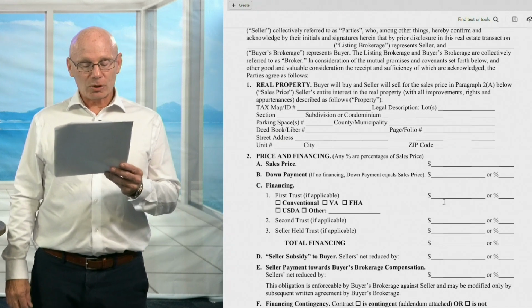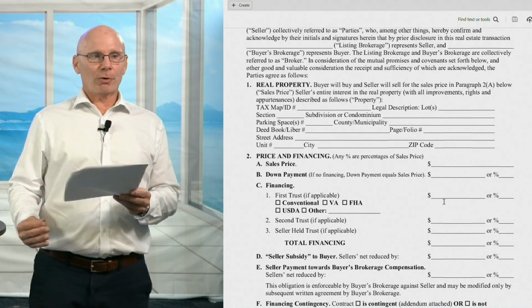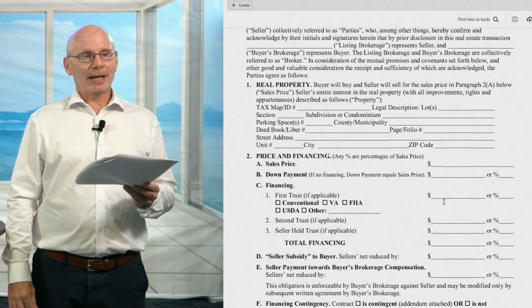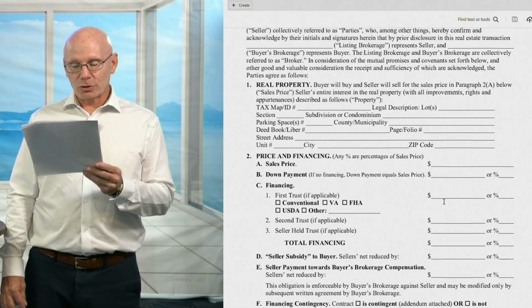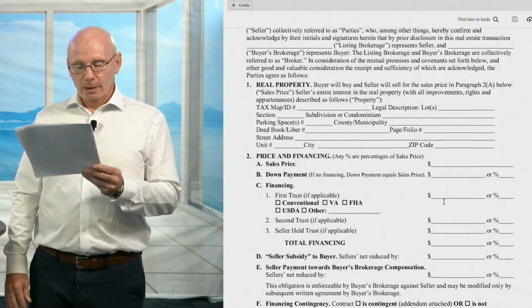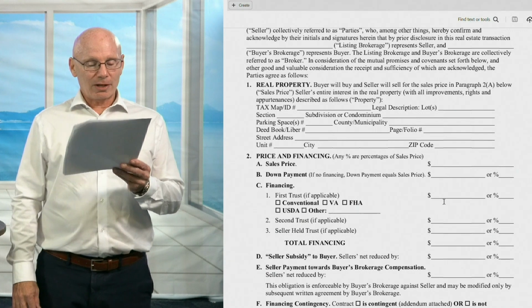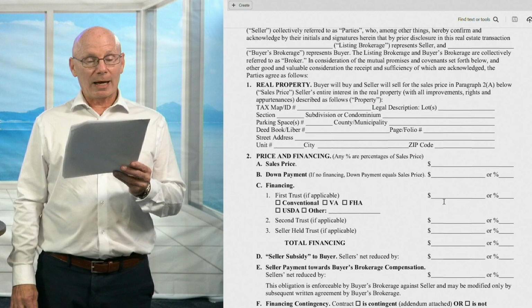Otherwise they can just be blank, or you can put zeros in, whichever you prefer. Then the total amount that's financing, either in a dollar amount or a percentage, and try and keep it consistent in regards to that. And then paragraph D is seller subsidy to the buyer, seller's net reduced by.